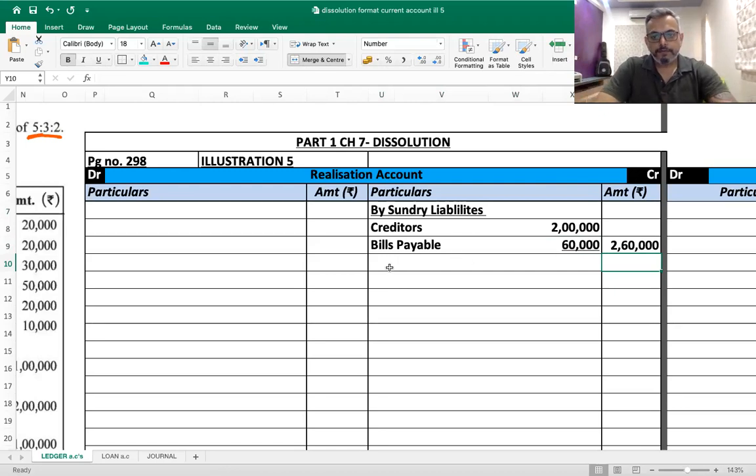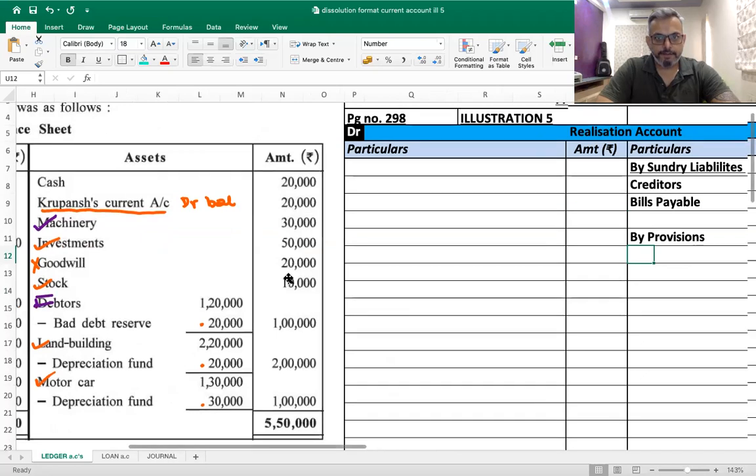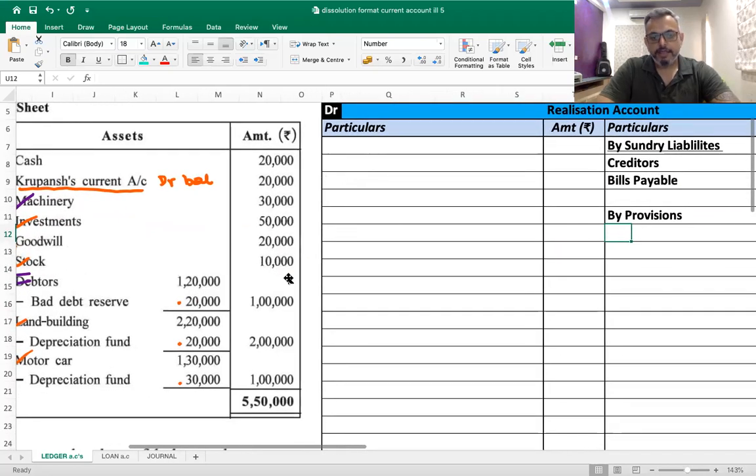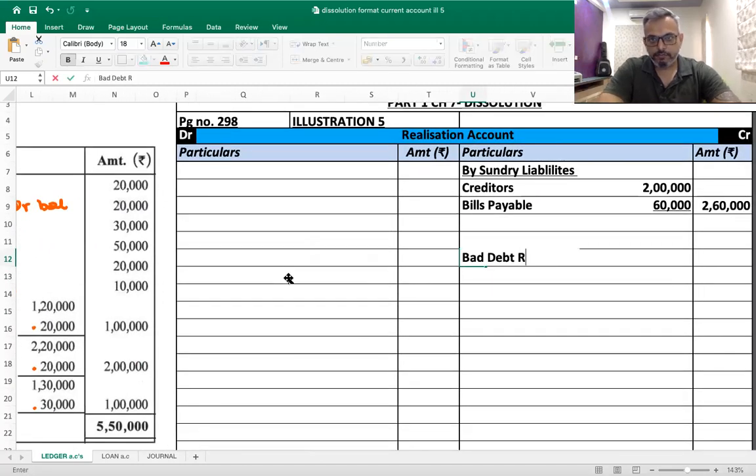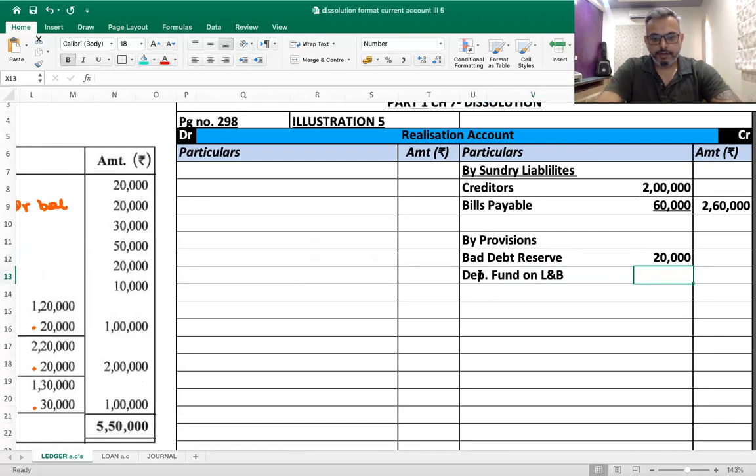Now, by provisions. Now we have provisions of bad debt reserve, depreciation fund on building, land and building, and on motor car. So bad debt reserve amount is 20,000. Then depreciation fund on land and building, again 20,000.